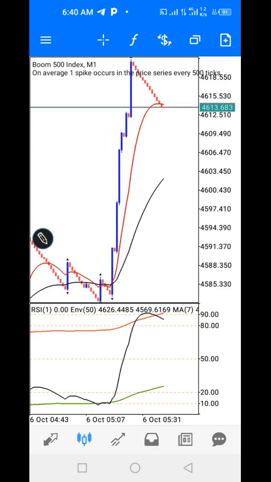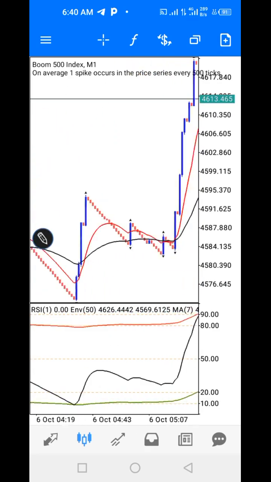So today, without wasting much of your time, I want to be sharing a strategy you can use to catch spikes on Boom and Crash. One thing about the strategy is that it really gives you an edge to trade both ways.